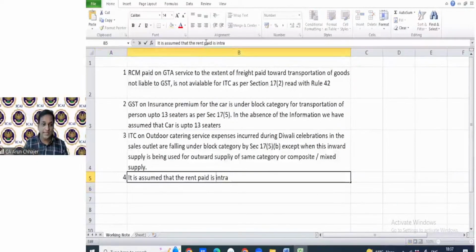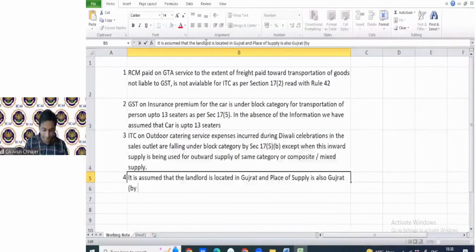Rather, I should say it is assumed that the landlord is located in Gujarat and the place of supply is also Gujarat by virtue of section.